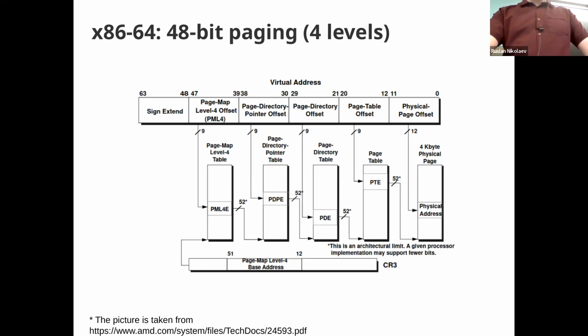In 48-bit paging, like I explained last time, we do a sign extension from the 48th bit to the 63rd bit. That's just a minor detail. Fundamentally we still have 48 bits. It's just a minor detail that it's not zero-extended but sign-extended.